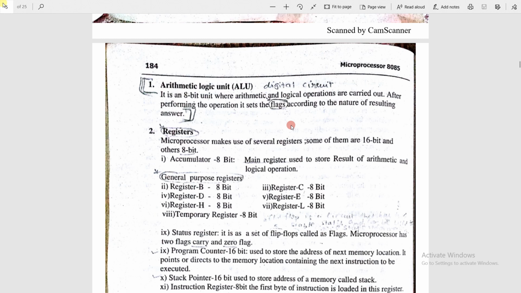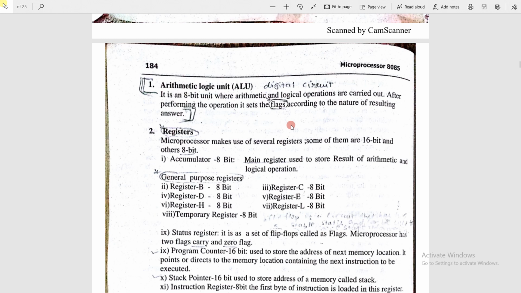But the length of the data is 8-bit. Status register. Status register is nothing but a flag register. It is a set of flip-flops. Either the flag can be set to 0 or set to 1. For example, I had given you an example of Z flag. When my answer is 0, Z flag is set to 1. When my answer is not 0, Z flag is set to 0.